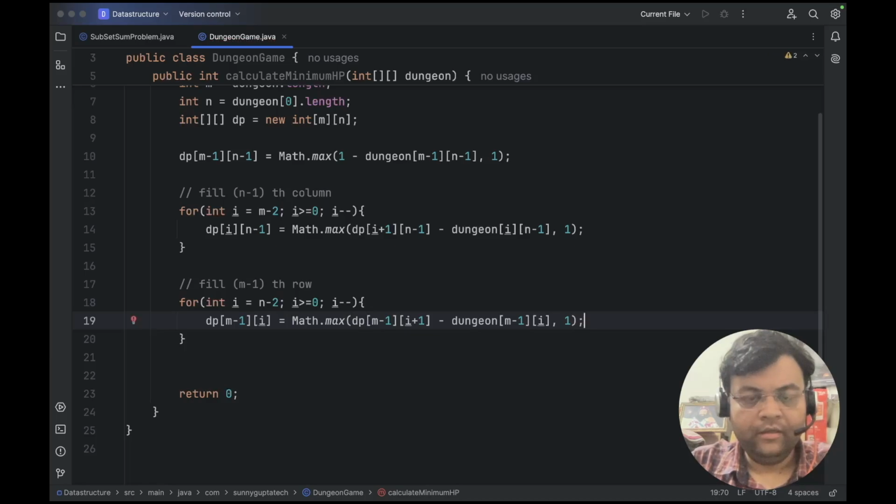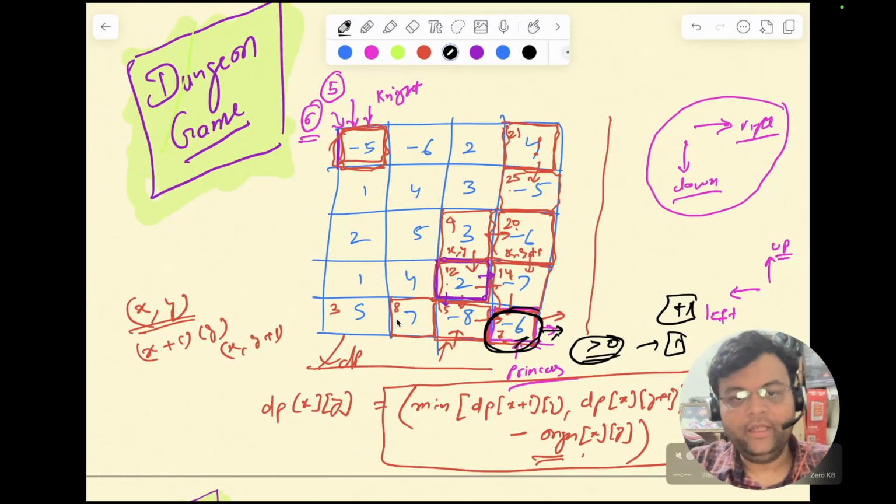So these two rows I have already filled. Now I start filling from here.